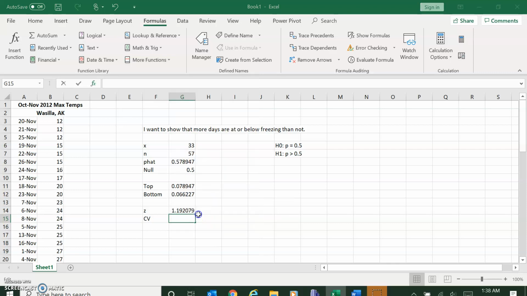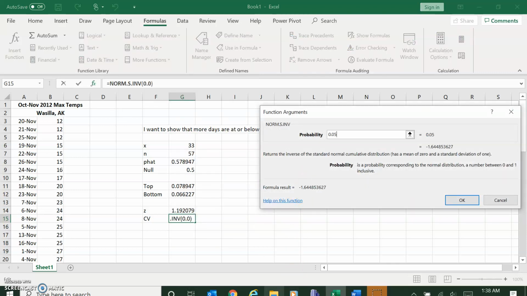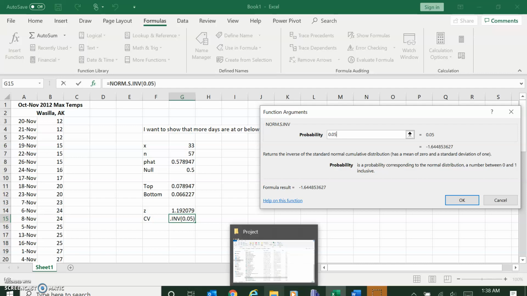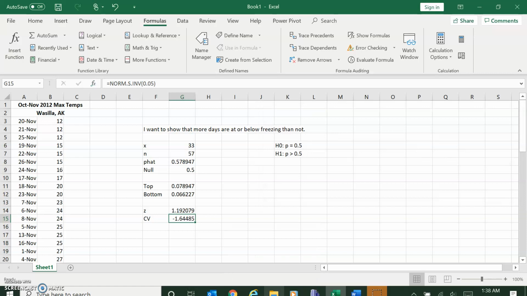I want normal S inverse, 0.05. You could do anything, but I'm just doing 95%. I'm one-tailed, so I've got it all. I don't have to divide it in half. So 1.67, and of course, since I'm testing more, I would use the positive 1.67.